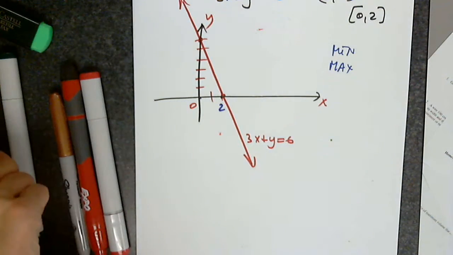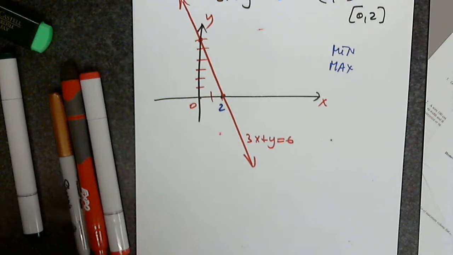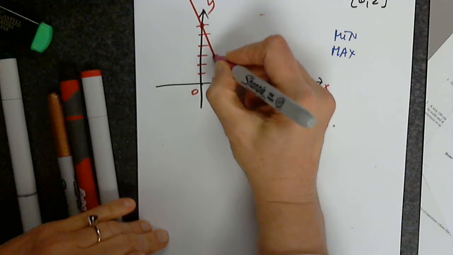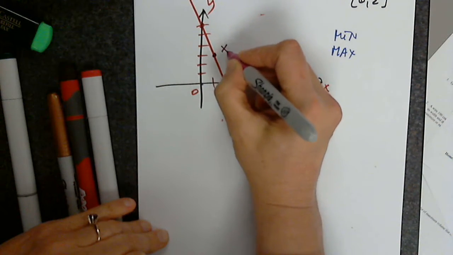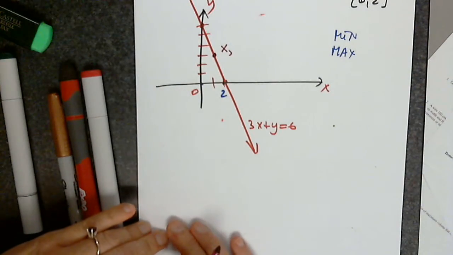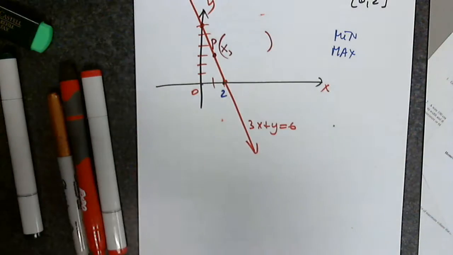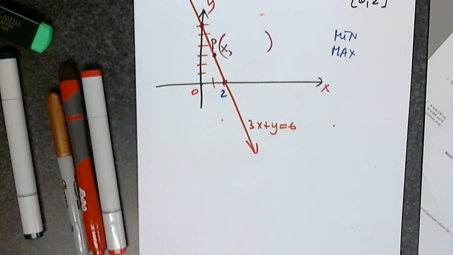As in the past, I cannot pick a point that is known. I have to pick a point. Any point you want, I'm going to call it P, but I need to determine its y coordinate.